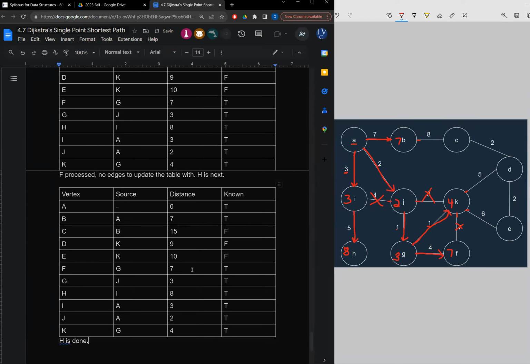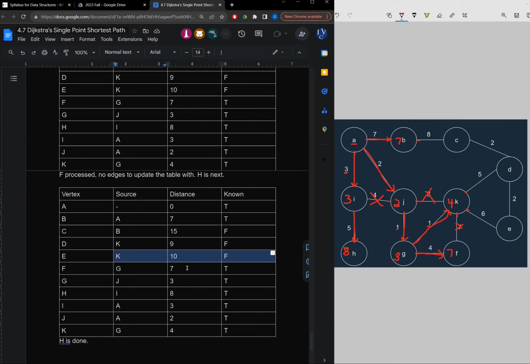As we go further through this algorithm, there's more data that we've already completed, right? So we only have 2 edges in the graph at this point that we have not gleaned any information from yet. We have at this point 3 possible paths. We can go to C, as the table shows, for 15. We can go to D, as the table shows, for 9, and we can go to E, as the table shows, for 10.